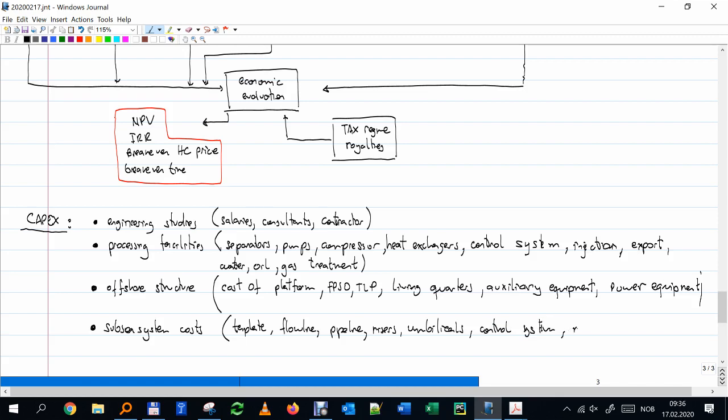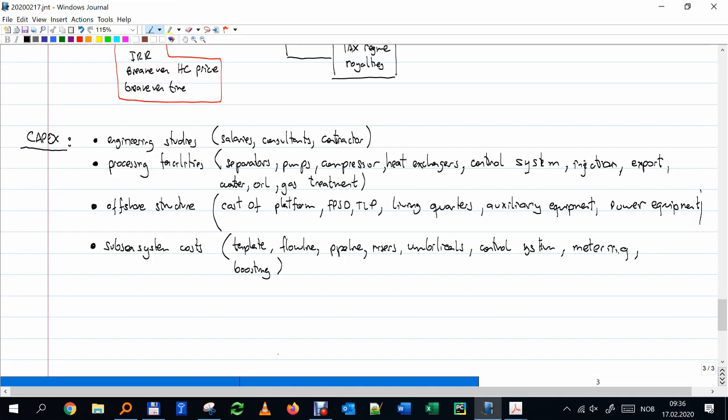We have some metering sometimes, subsea metering. We might have some subsea processing like boosting. And lastly, I put here the export system. I think I included more or less everything here, I hope.